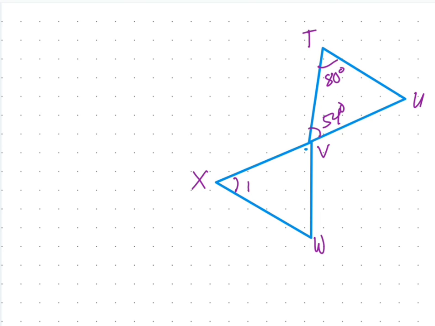So we need to find the measure of angle 1. You don't need to prove. These are vertical angles. Therefore, this one is also 54.